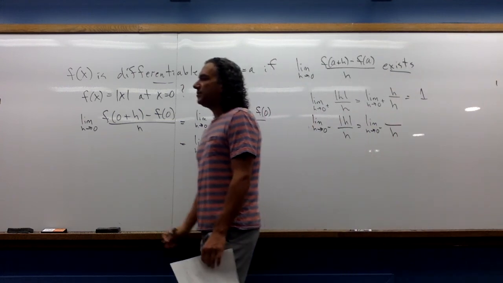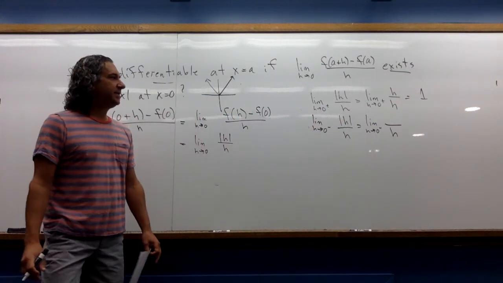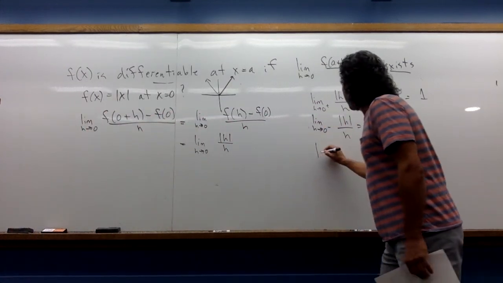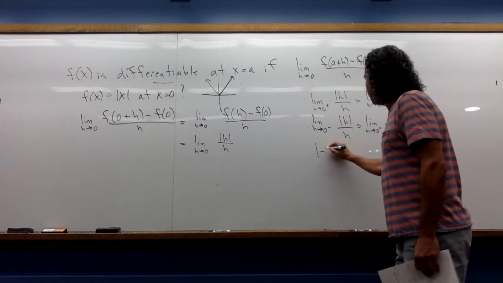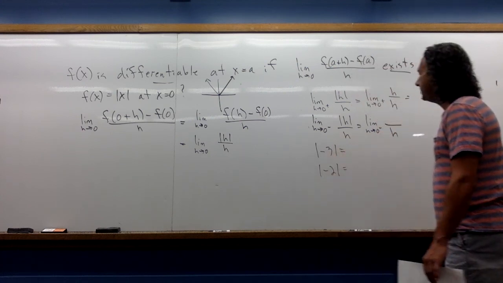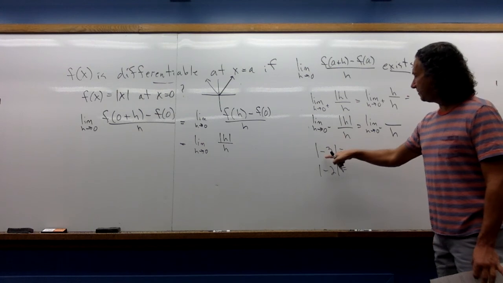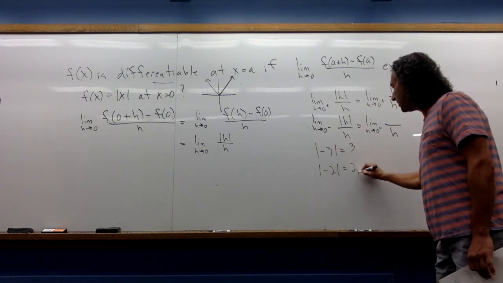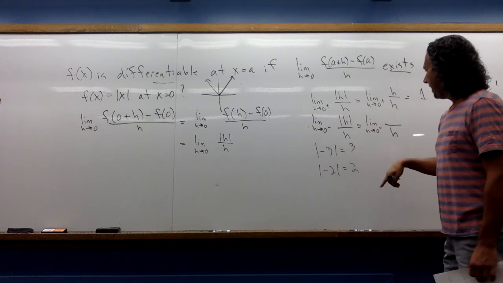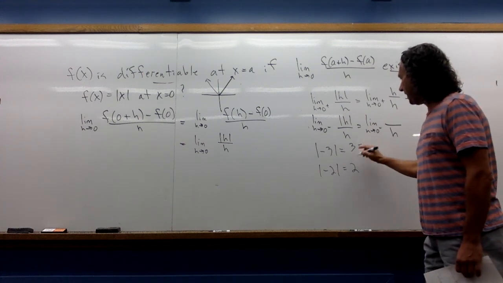Well, what is the absolute value of h if h happens to be a negative number? Let's play around with this a little bit. So let's say I want the absolute value of -3, the absolute value of -2. Well, I'm sure you all know that that's 3, that's 2, but I want to get some sort of formula. If you think about it, how do we get 3?